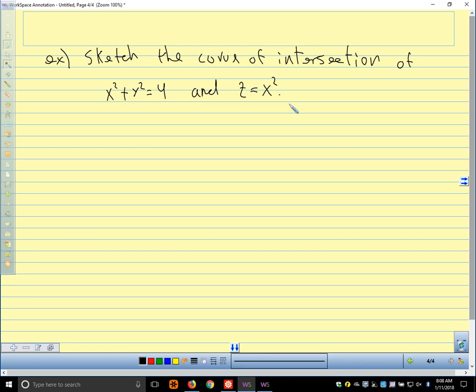So we want to sketch that curve, and then we want to represent it with a vector valued function.